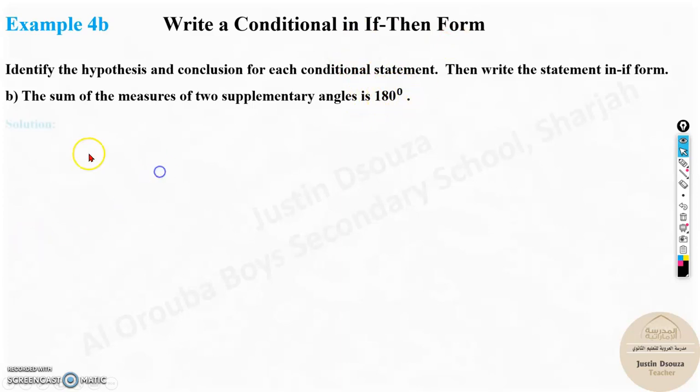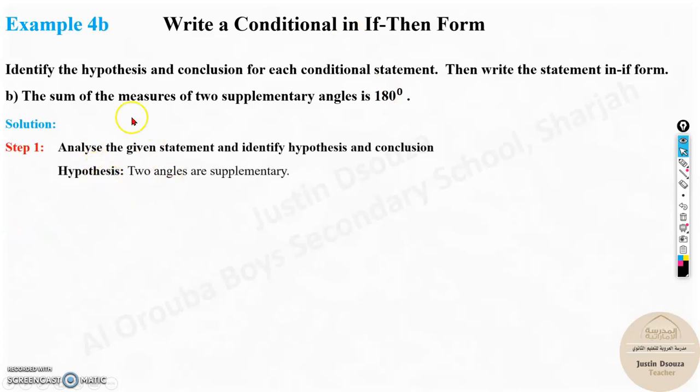So the other thing will be the hypothesis. So now look over here. This is the conclusion, so ignore this part. So what is remaining? Two supplementary angles, right? So now two angles are supplementary. The sum of their measures is 180 degrees.